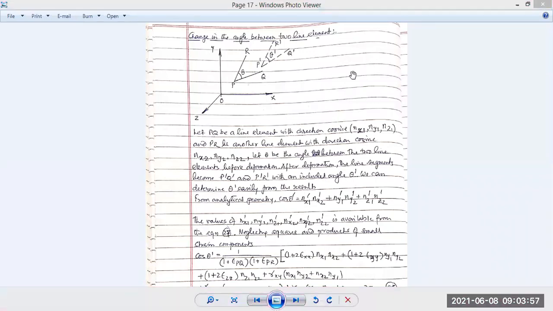first of all, we have a Cartesian coordinate axis x, y, z. And there we have PQ, a line with direction cosines nx1, ny1, and nz1.